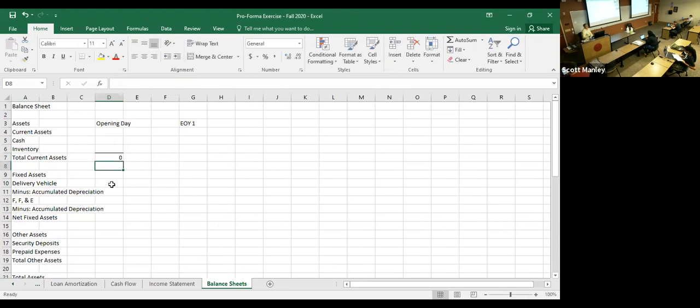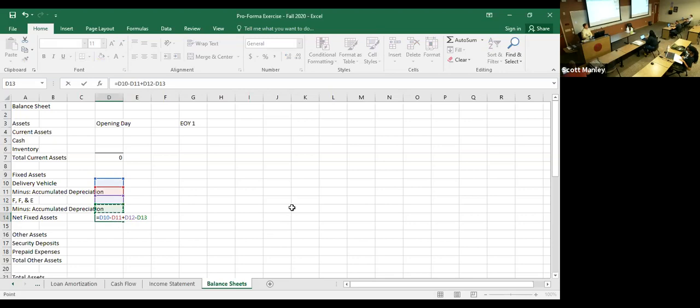Our delivery vehicle minus accumulated depreciation plus our furniture and fixtures and equipment minus accumulated depreciation equals our net fixed assets. So I'm going to put a formula in there: my net fixed assets equals the delivery vehicle minus depreciation plus furniture, fixtures, and equipment minus depreciation.